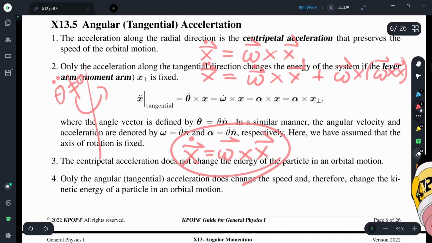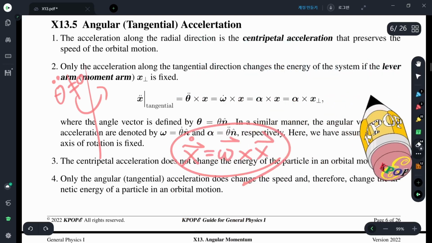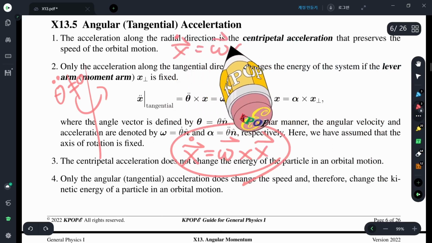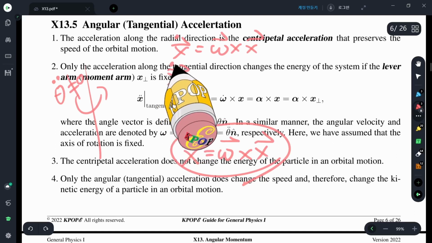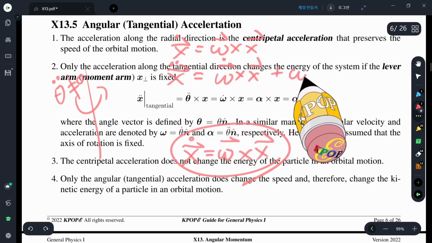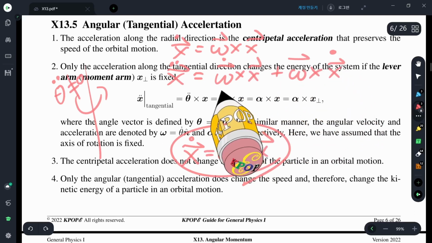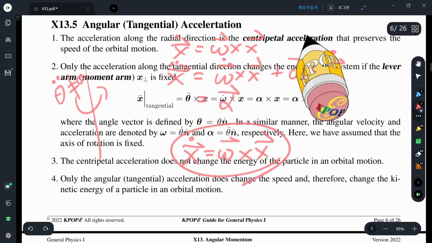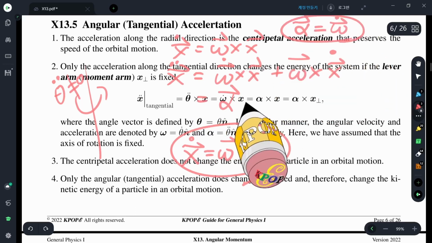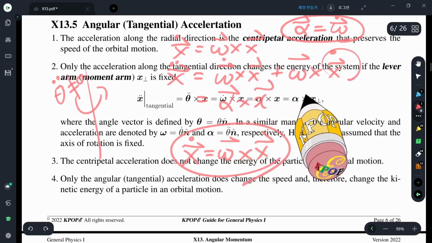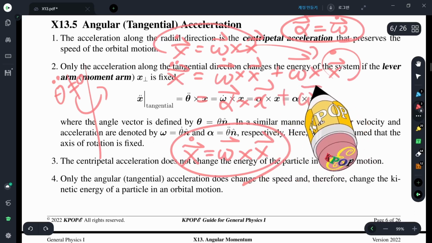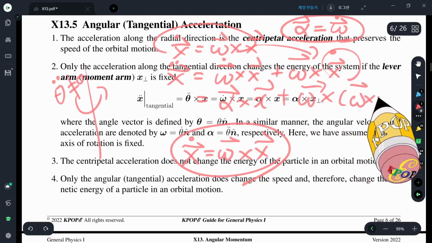Let's see, x dot equals omega cross x. x double dot equals omega dot cross x plus omega cross x dot. We use alpha for omega dot, the angular acceleration, cross x, and then using this relation, here we have omega cross omega cross x.